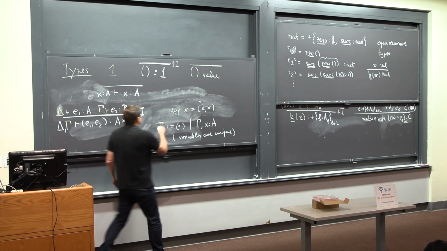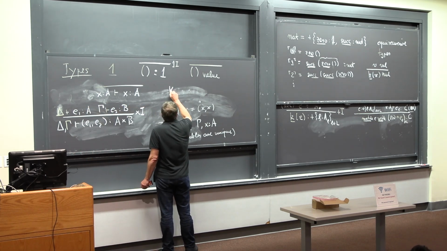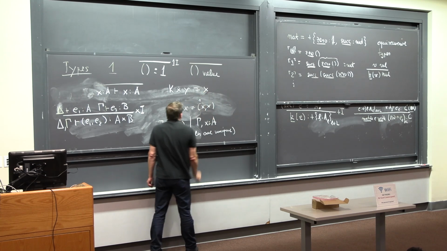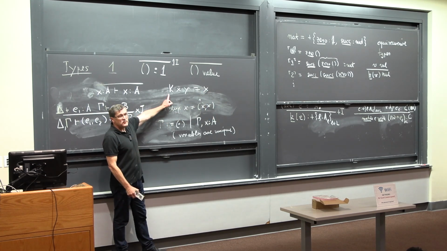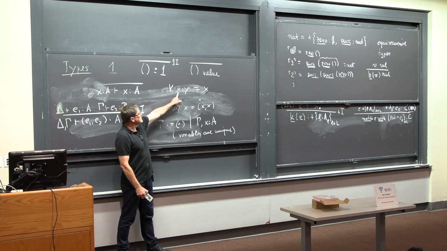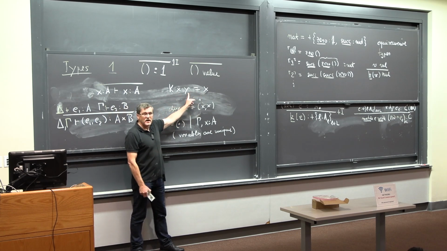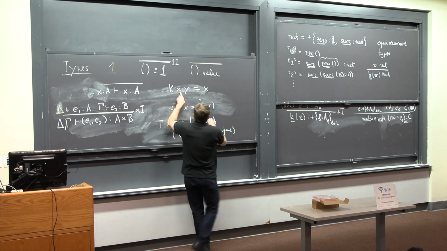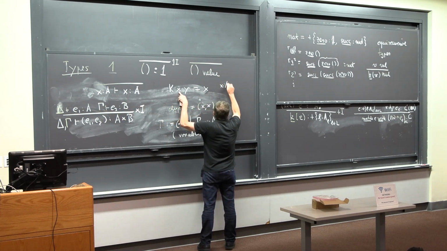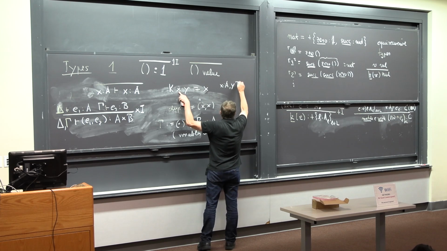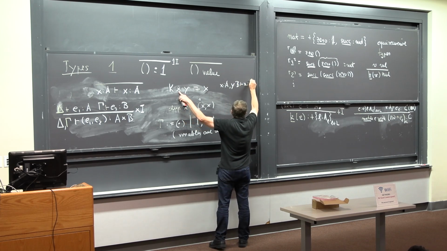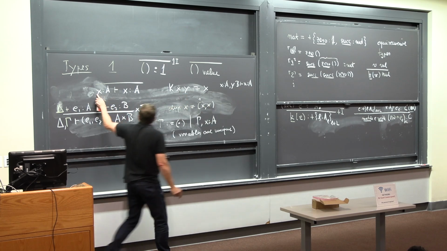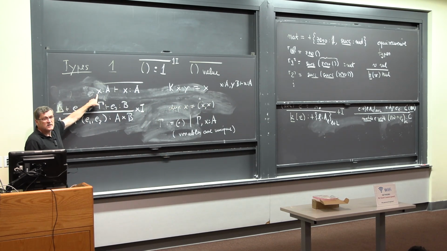I could define a function like this: K of x and y equals x. That would not be a valid function because even though I'm using x, I'm not using y. So when I come to the variable x here, I would have x of some type A and y of some type B. I want to check that x has type A, but I'm not allowed to do that because it has to be the only thing in the context.